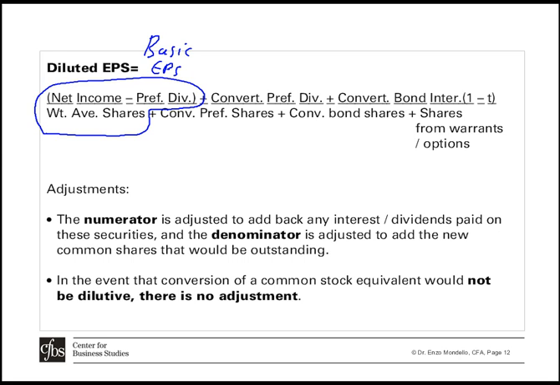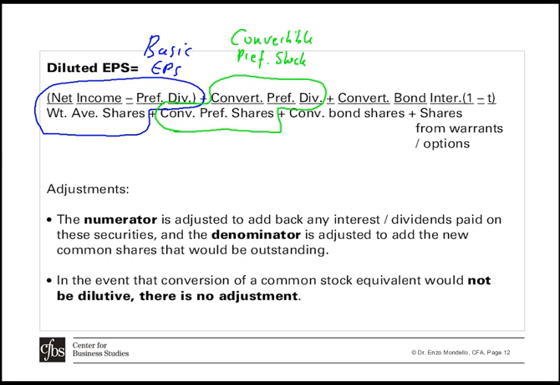Well, the convertible preferred stock is included as follows in this equation. I just changed the marker, so I take the green marker for the convertible preferred stock. If the convertible preferred stock is dilutive, then we assume that at the beginning of the accounting period, the preferred stocks are converted into common shares of the stock.